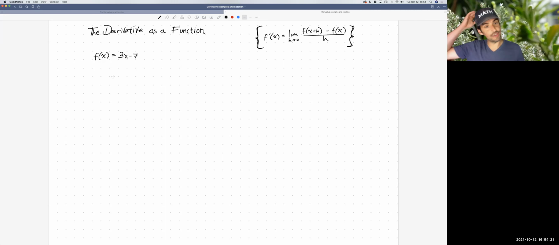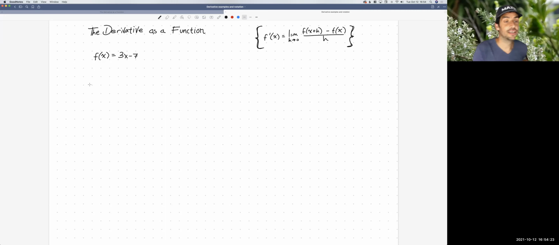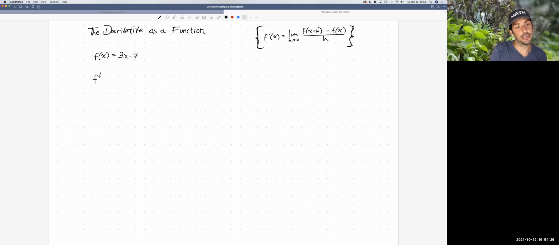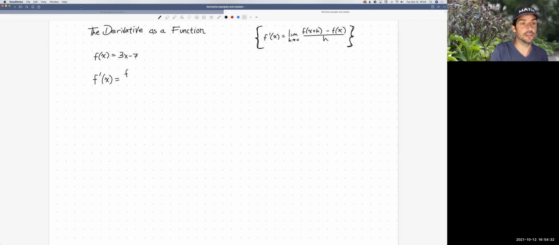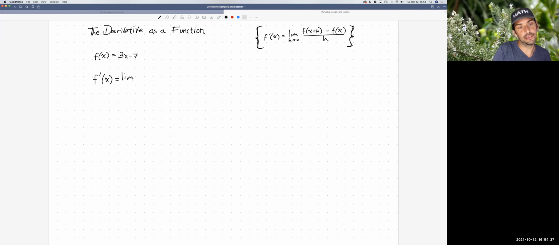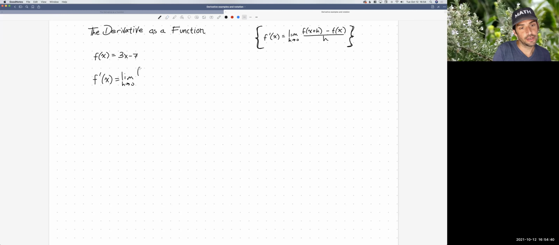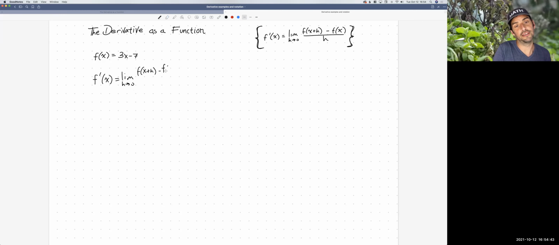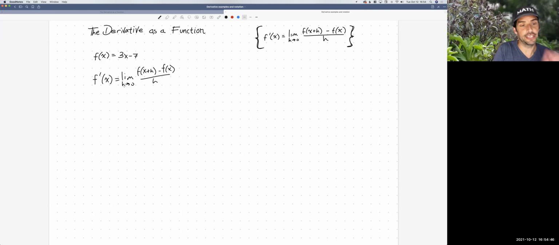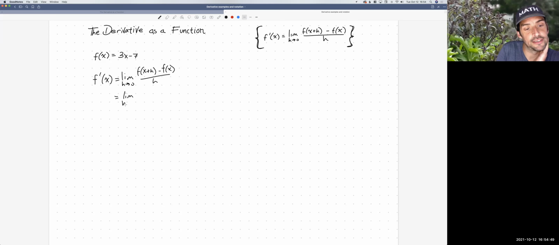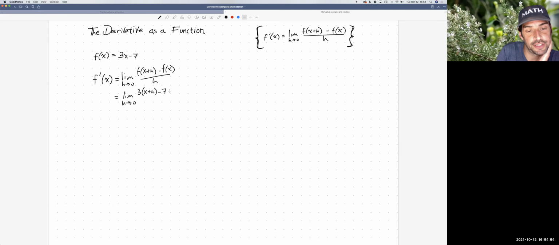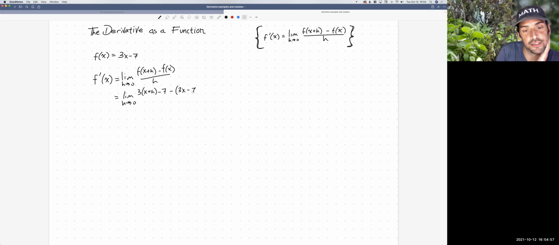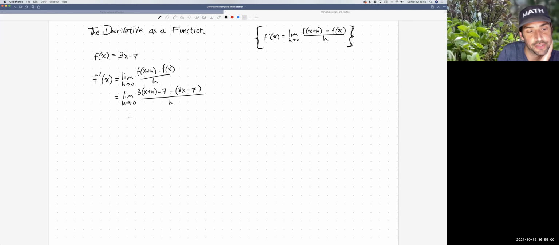So the first one here, I've got f of x is 3x minus 7. So if I wanted to compute f prime of x, I'm going to take the limit as h approaches 0 of f of x plus h minus f of x all over h. This will be the limit as h goes to 0 of 3(x plus h) minus 7 minus (3x minus 7) all over h.